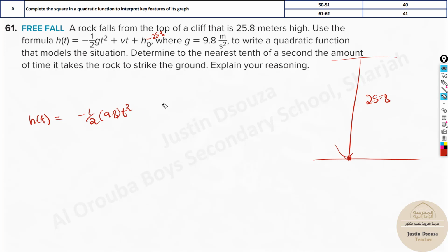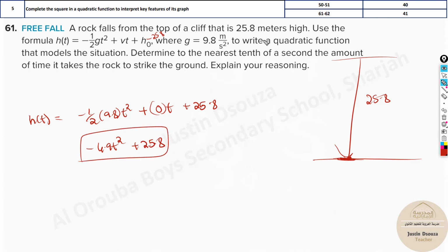Now, what is the velocity when it's touching the ground? It's zero, right? It's at a state of rest. So 0 times t plus the height, 25.8. That's it. Now you have to just do simplification. It will be negative 4.9 t squared plus 0, this is gone, plus 25.8.